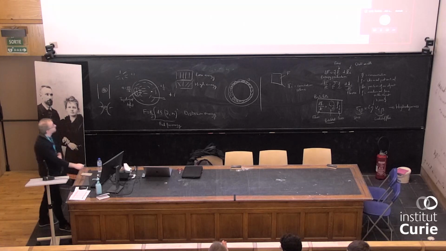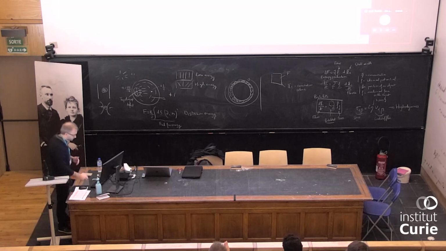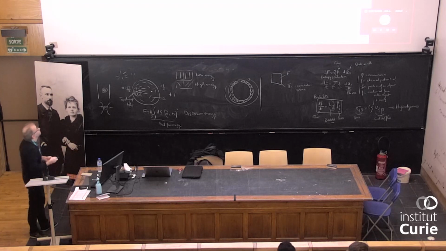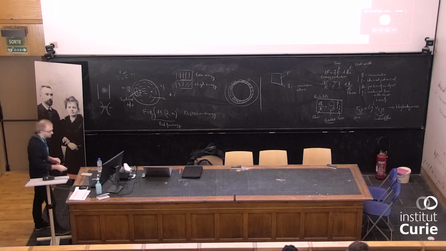Okay, so let me start with a simple application, which is cell migration powered by cortical flow, which is some work we have done some years ago, but it uses a version of this theory, which is the simplest choice you can make, where out of the many terms I was showing before, one just keeps 2 terms.